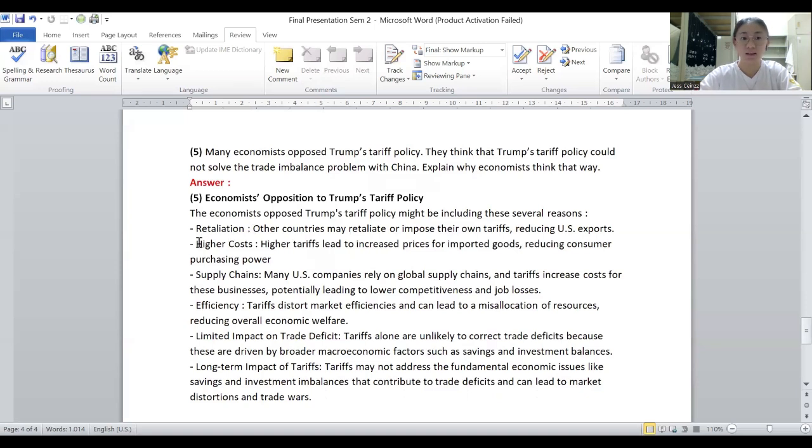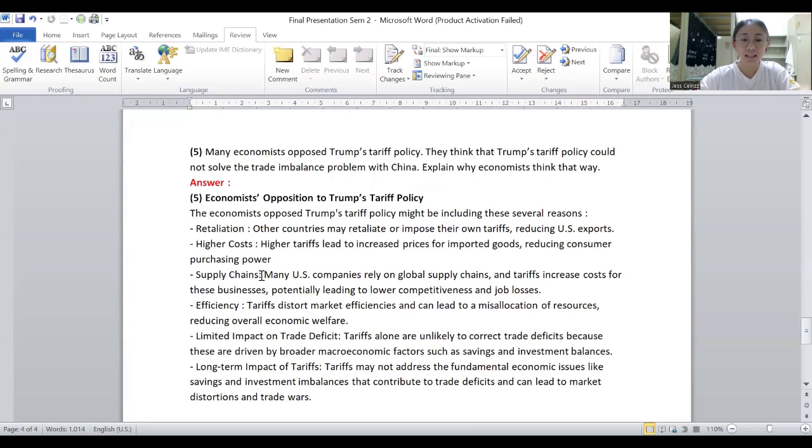The second one is higher cost. Higher tariffs will also lead to increased prices for imported goods, reducing consumer purchasing power. The third one is supply chains. Many US companies rely on global supply chains, and tariffs make costs higher for these businesses, potentially leading to lower competitiveness and job losses.